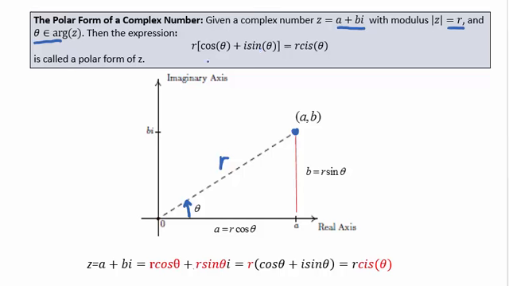To obtain this, well, soon to be familiar form, let's note that for a right triangle with side lengths of a and b, the cosine of theta would be the adjacent side a over the hypotenuse r, which gives that a is r cosine theta.